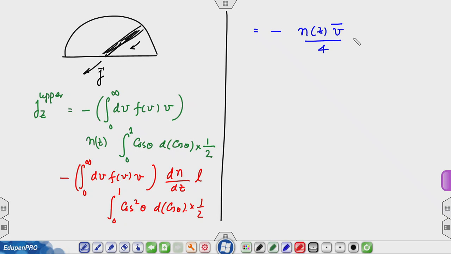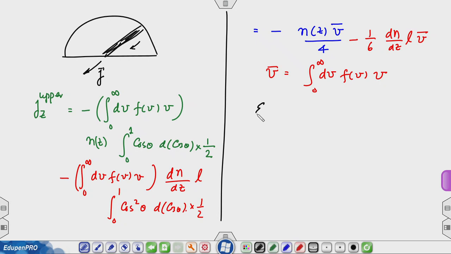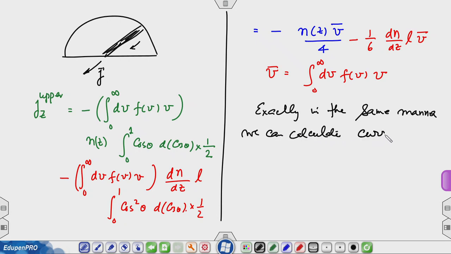And there is an additional term which is minus 1/6 dn/dz L v bar, where v bar is equal to integration 0 to infinity dv f(v) v. Now exactly in the same manner, we can calculate the current Jz coming from the lower side.